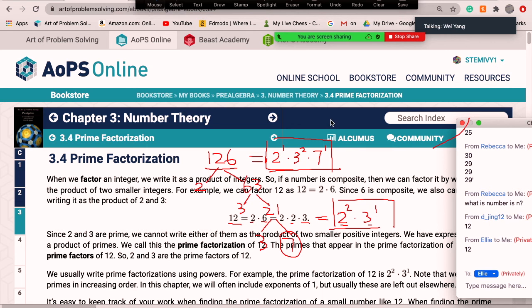I asked you how many factors you have. I did not ask you what these factors are. I asked you how many factors.